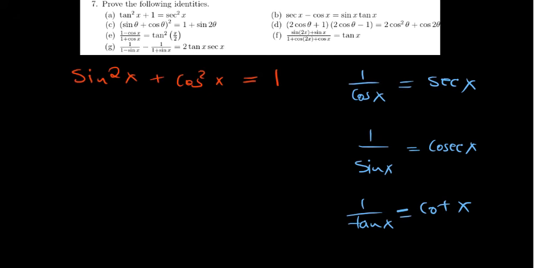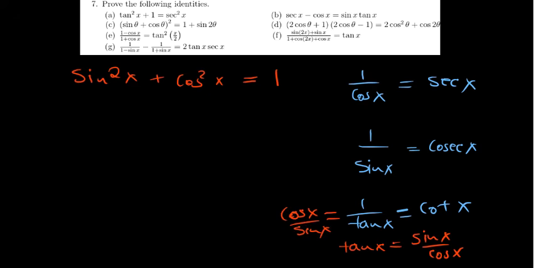These are the three basic simple identities that we have. And not forgetting of course that tan of x is equal to sine of x over cosine of x, and that cotangent is cosine of x over sine of x.